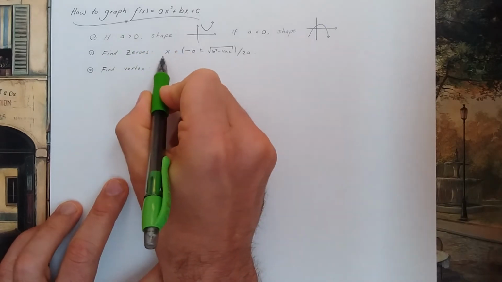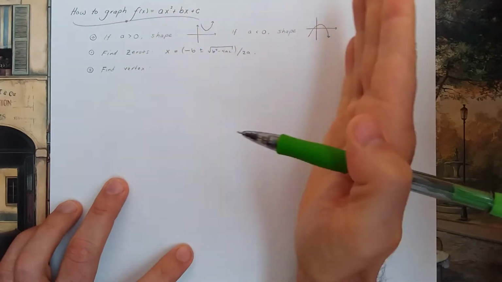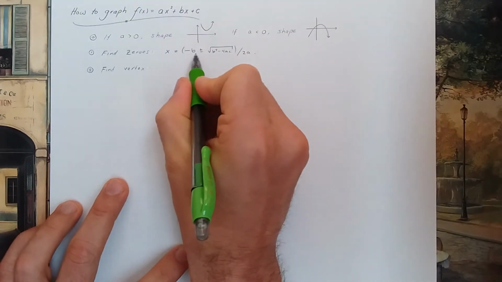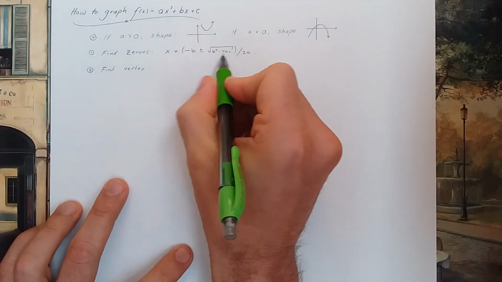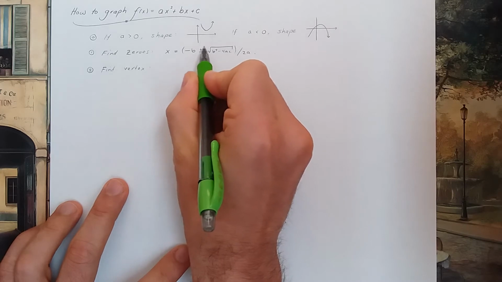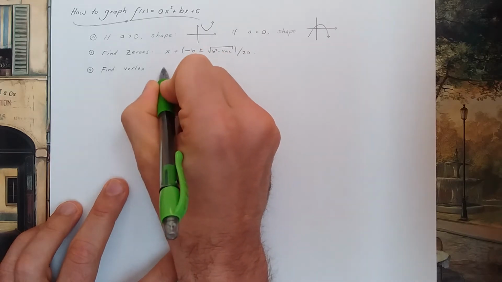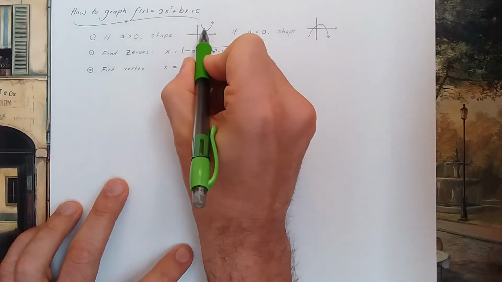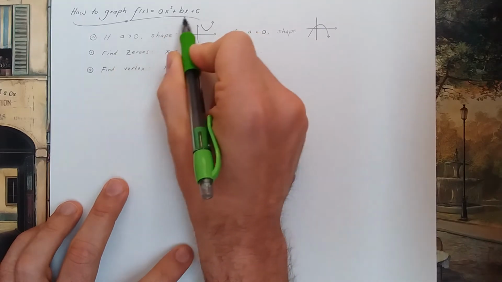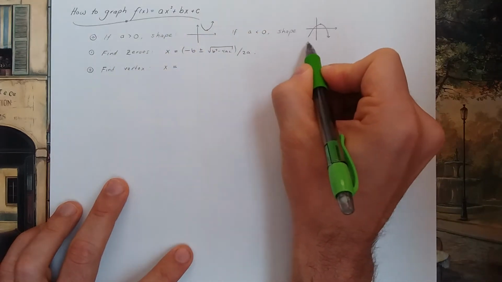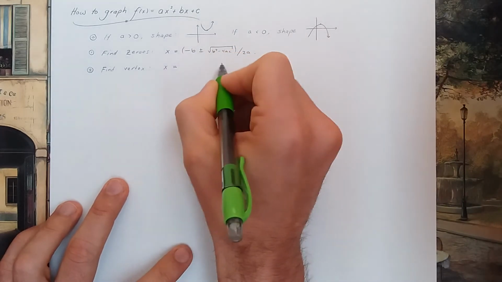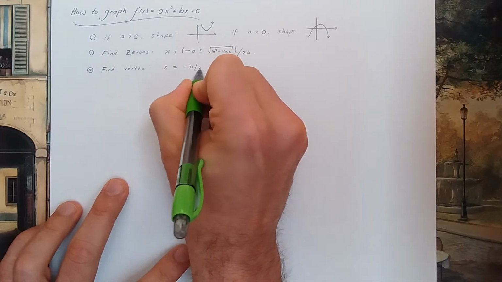So the vertex is halfway in between, the average distance between the two zeros. So it's the term without this plus or minus in the quadratic equation. The vertex, that's either the minimum if a is positive or the maximum value if a is negative, would be negative b over 2a.